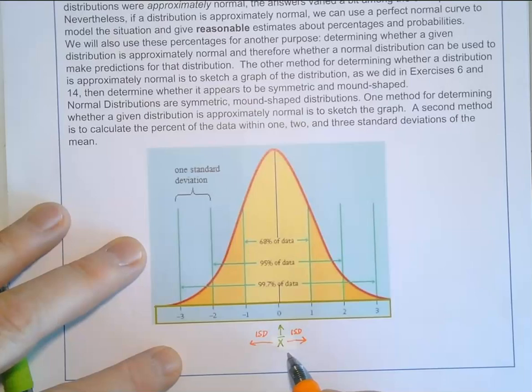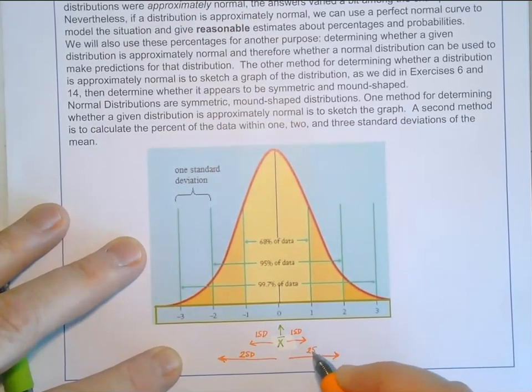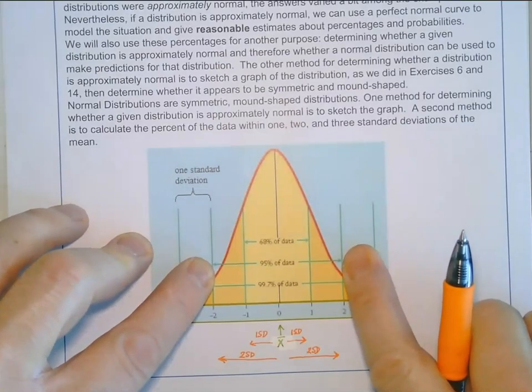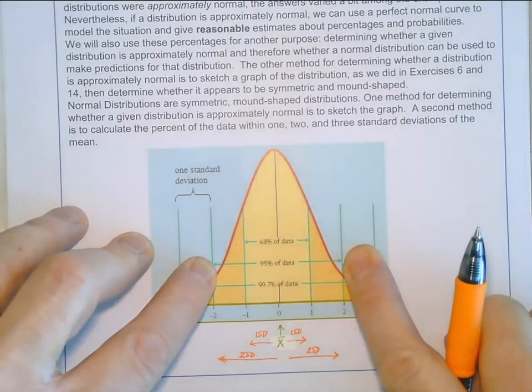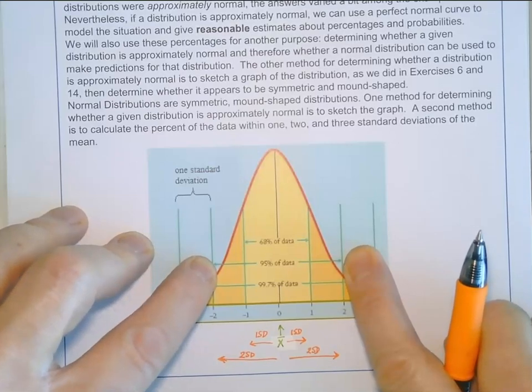Notice that if I go out from here to the 2s, that's going out 2 standard deviations. And you can see that 95% of the data will fall in between there. In the example that we did, it ended up being 100% by the time we rounded.